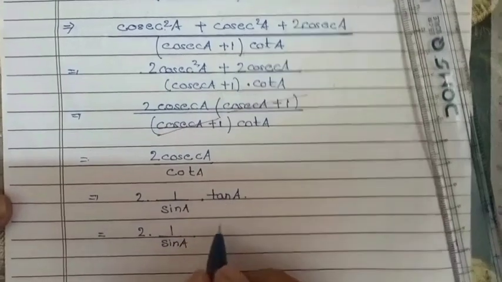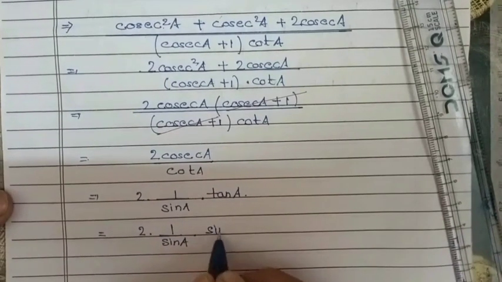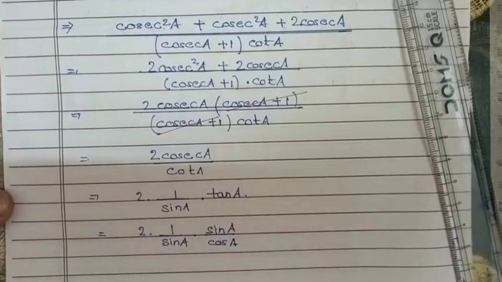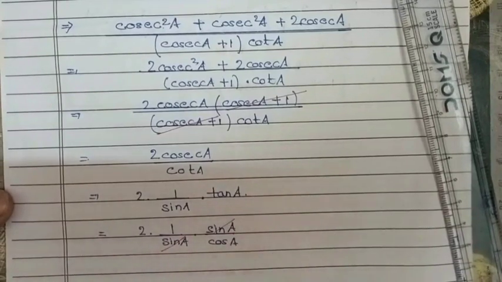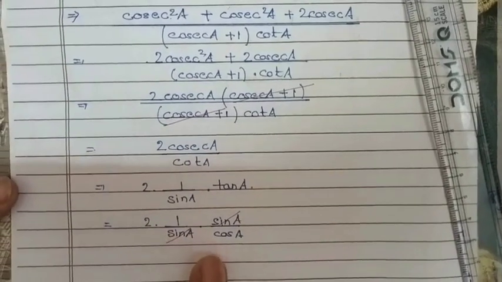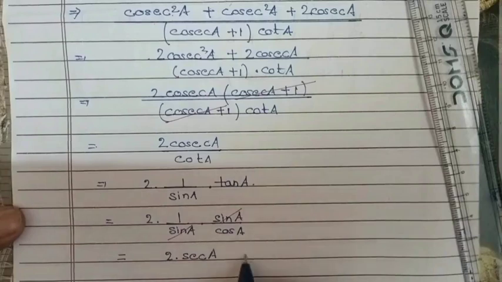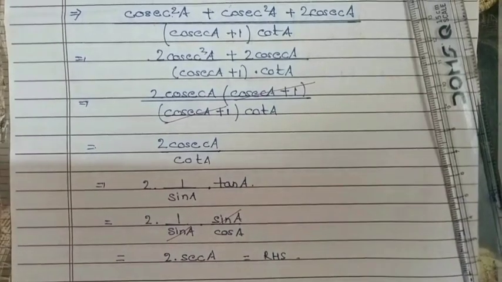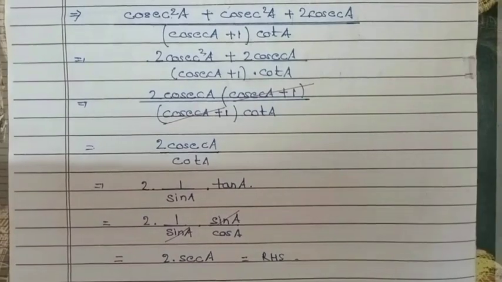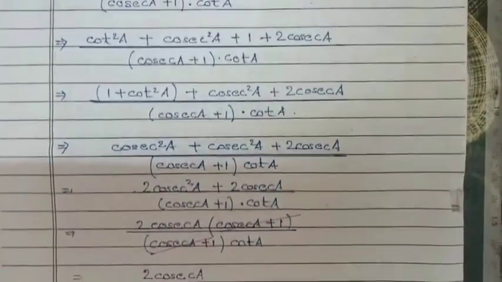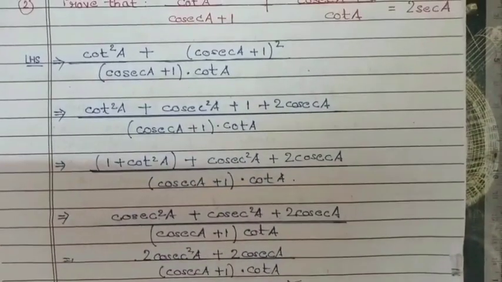This tan will be written as sine upon cos, so here this will cancel out, so you are left with 2 upon cos. So this cos can be written as sec, so this result is twice sec A, that is equal to the right hand side. So this was required. Hope this is clear to you now. So this is how you can solve this question.